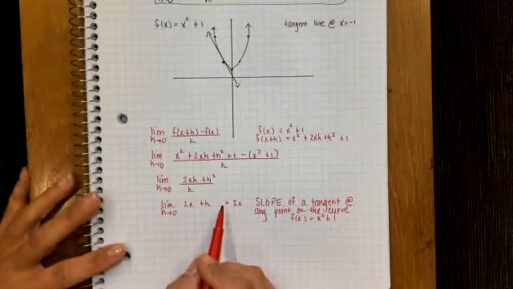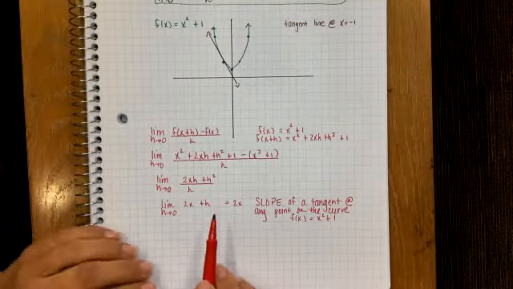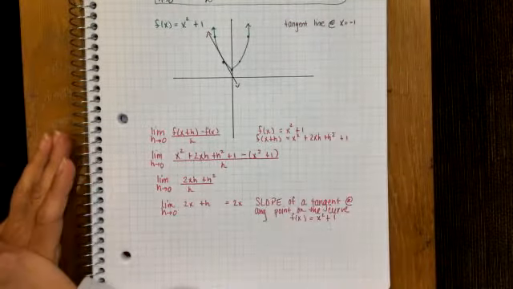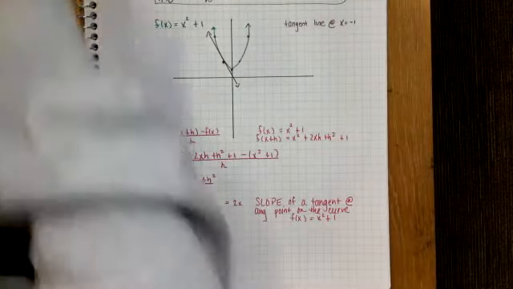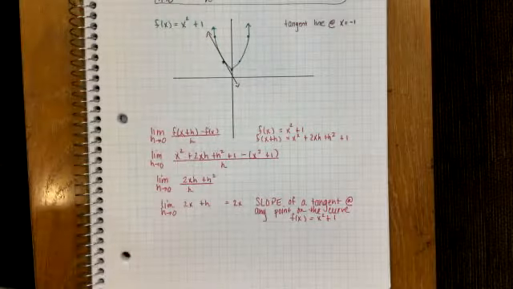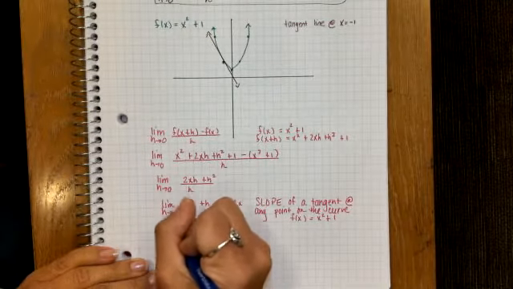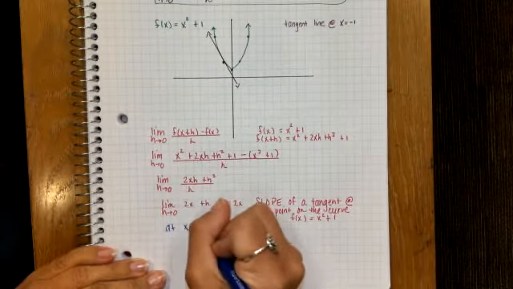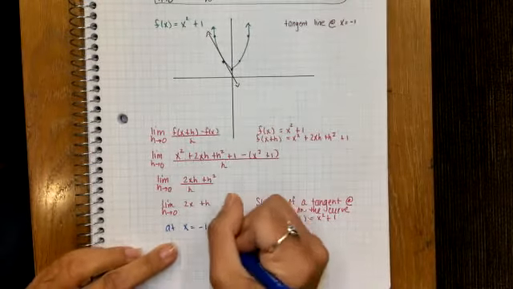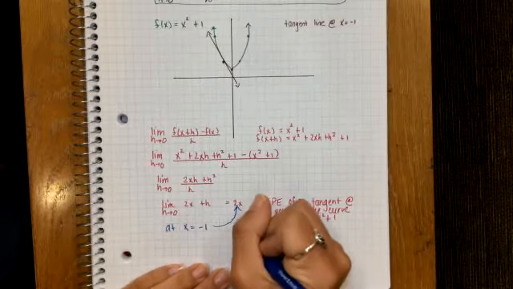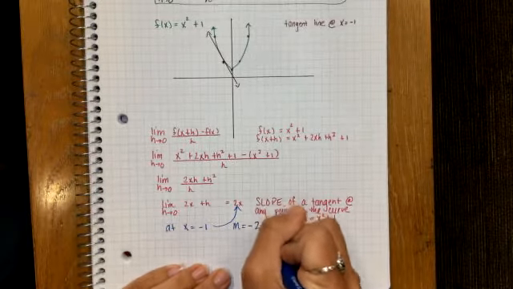So you get 2x. What's happening at -1? At x equals -1, plug in, the slope is -2.